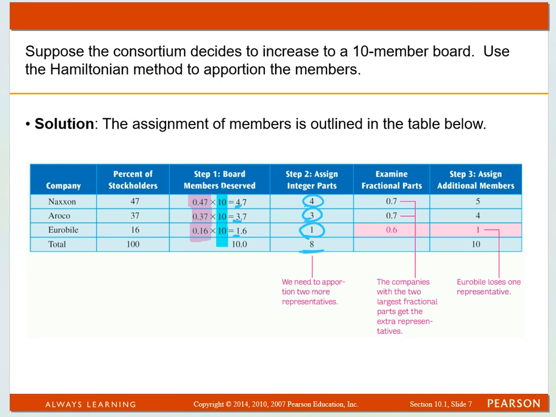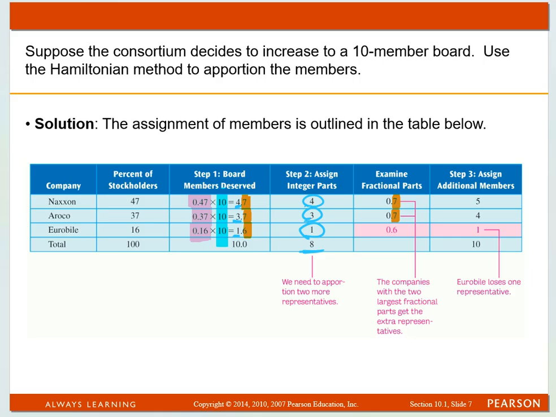They're supposed to be 10 now. So now there's 2 more seats. So now you have to look at who has the largest fractional part. Your fractional parts are 0.7, 0.7, and 0.6. And there's 2 extra seats.